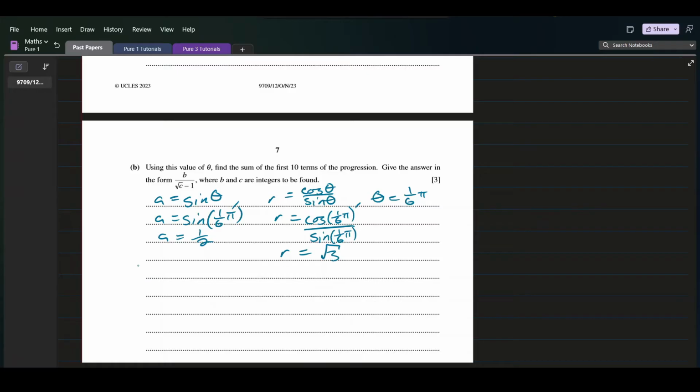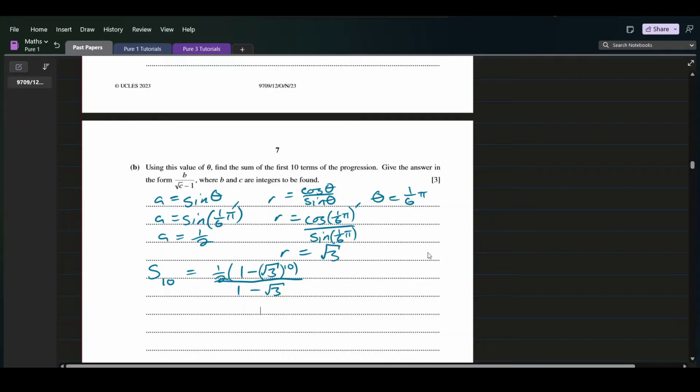Okay, so now we want the sum of the first 10 terms of the progression. So that's half times 1 minus root 3 to the power 10, all over 1 minus root 3.